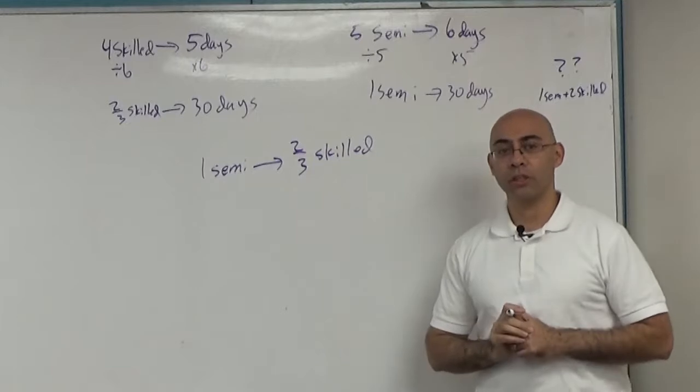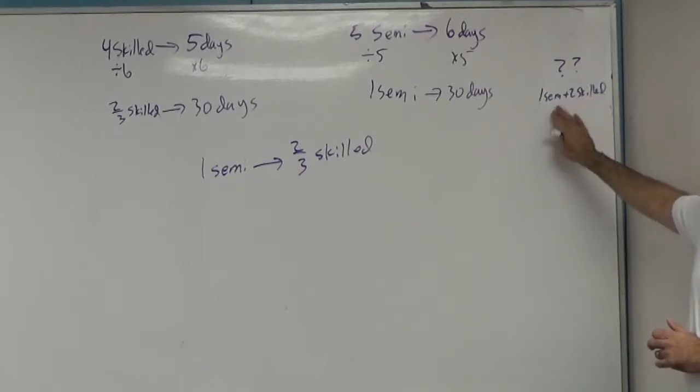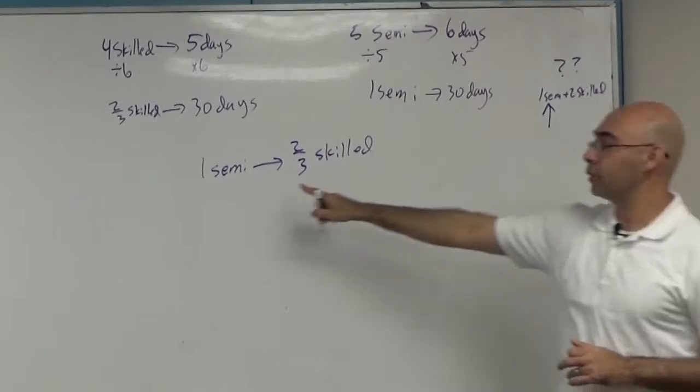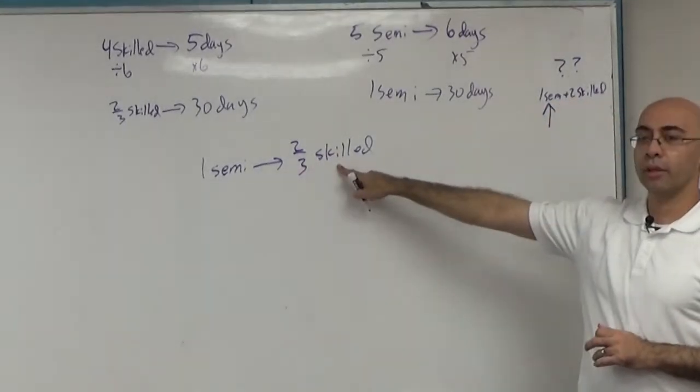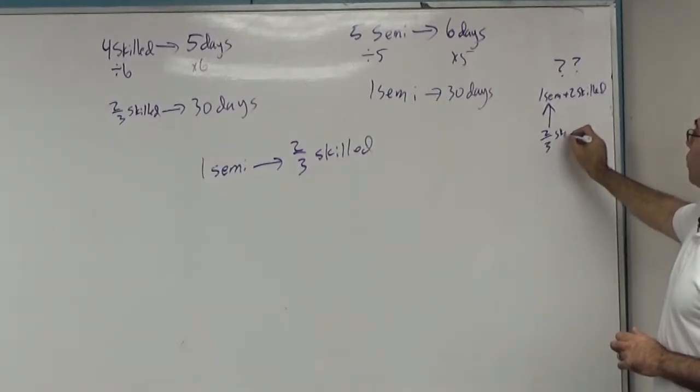So that's our relationship. I look here, because this is what the question is asking. What if I had these 2 guys working together? Well, instead of using semi-skilled, what should I replace it with? So we're going to say this guy is 2/3 of a skilled worker.